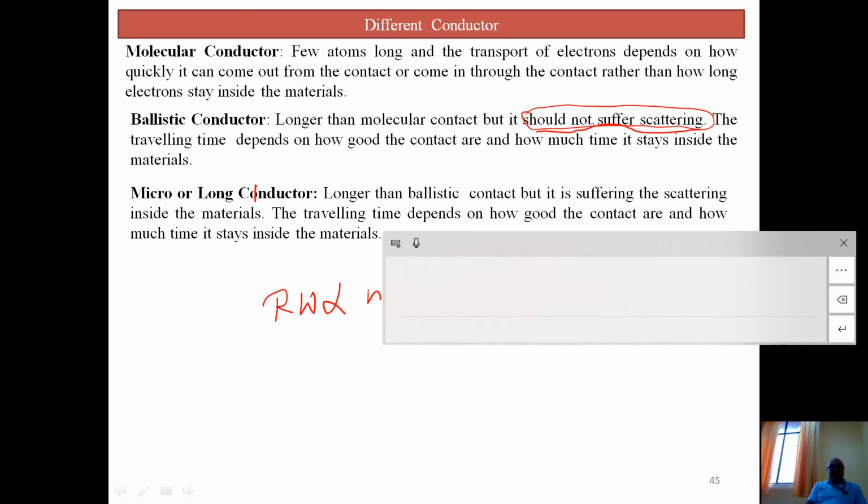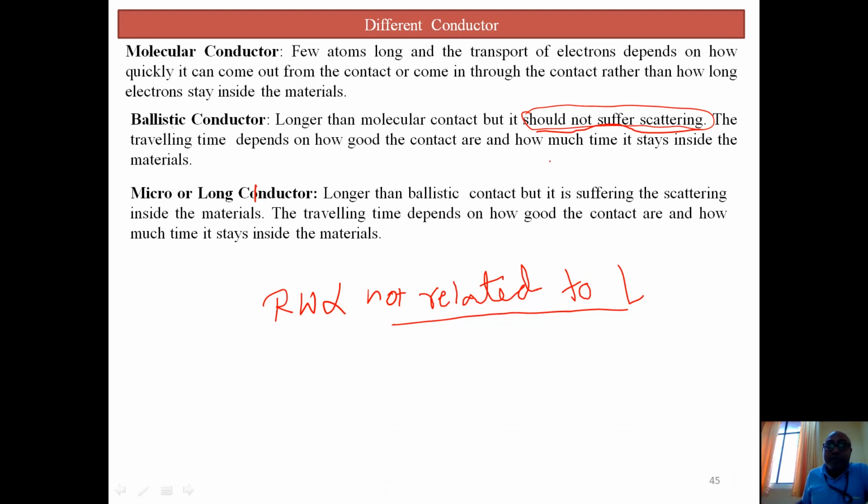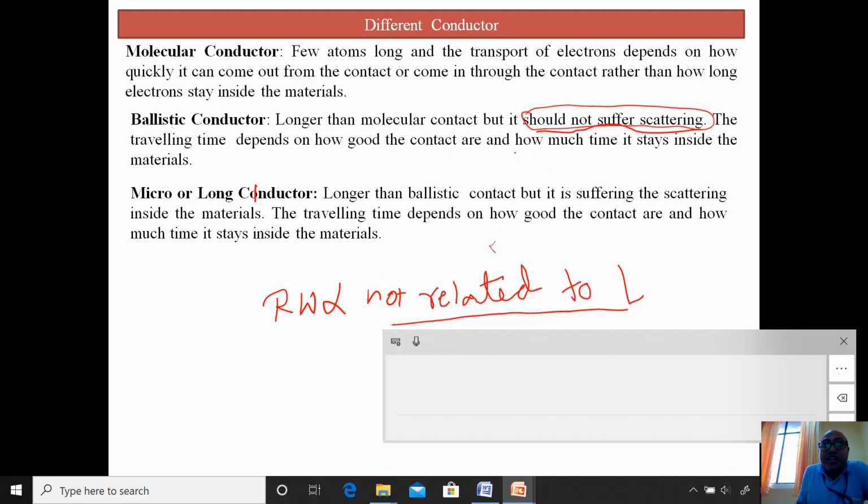But here we have written should not suffer scattering. The traveling time depends on how good the contact is and how much time it stays inside the material. The moment you write how much time it stays inside the material, we have to modify this definition now.